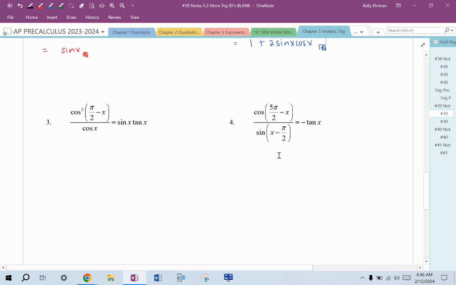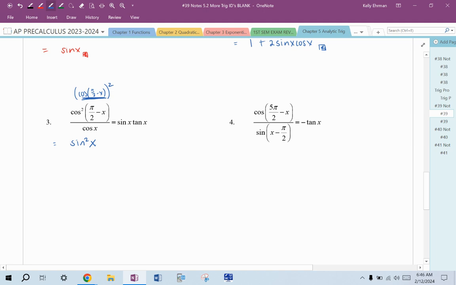All right, now sometimes you see the pi over 2 minus x inside of a squared function. So remember, this means cosine of pi over 2 minus x, squared. So first simplify this. Cosine of pi over 2 minus x is sine, and then it's sine squared. So you are allowed to apply the cofunction identity, even if this means squared.